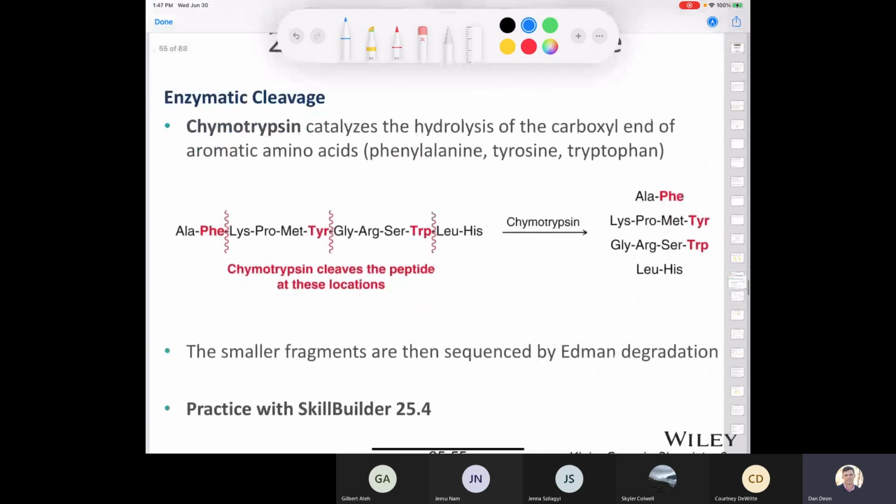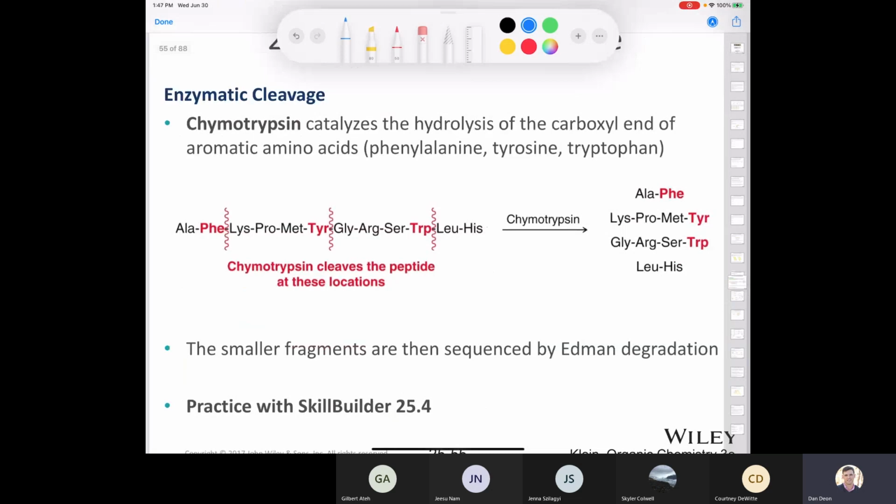We would need more. Well, we could take the same peptide, so here it is again, and now we're going to treat it with chymotrypsin. And chymotrypsin is going to break the peptide bonds on the carboxyl end of aromatic amino acids, phenylalanine, tyrosine, and tryptophan. So again, we take that same peptide that was broken here and here the last time, but now we get a bunch of new fragments, right?